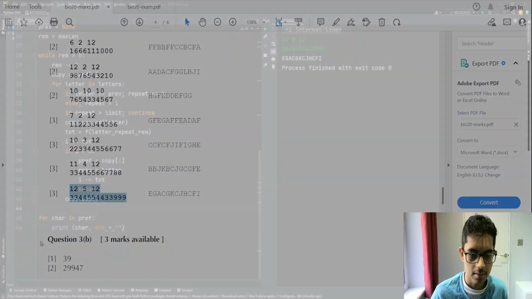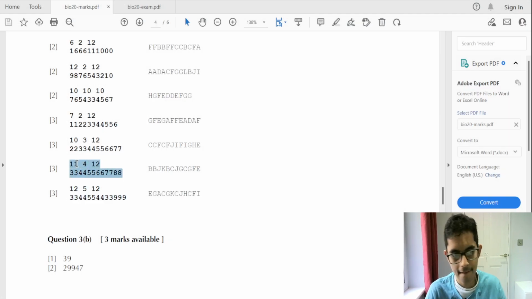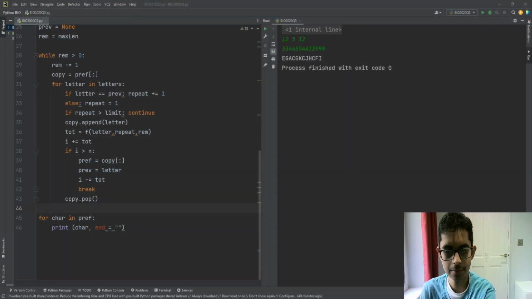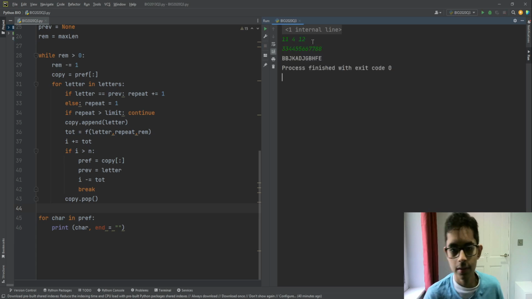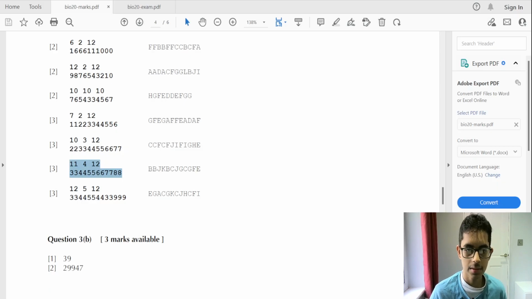So now maybe let's give it one more. Okay, so this is what our program outputs. Now let's go back. And we can see it does match exactly.